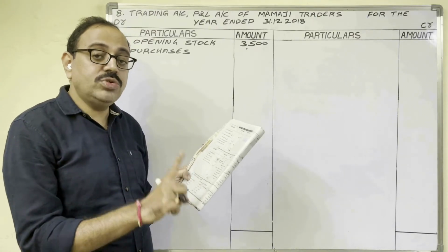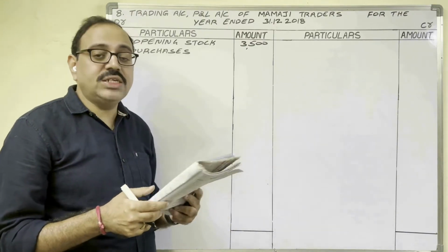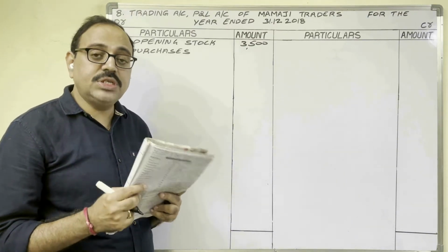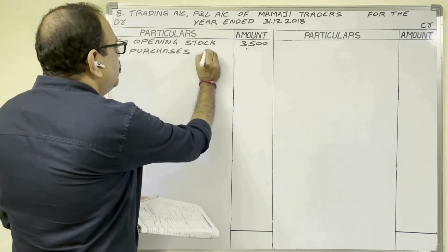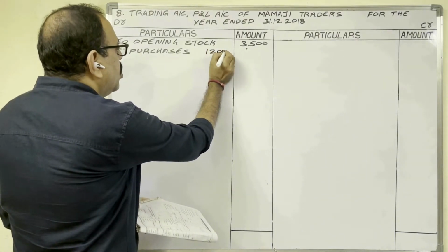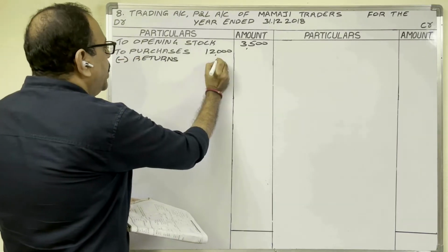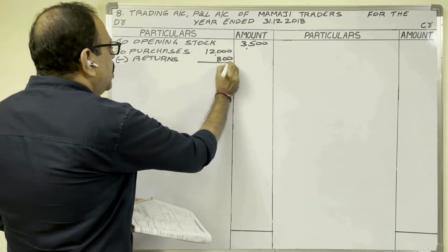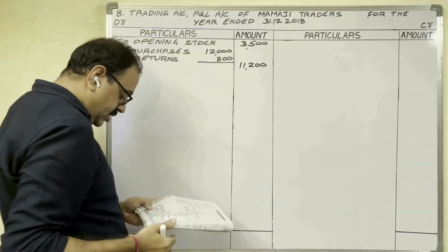Credit column he gives purchase returns. So in credit column he is giving returns 800. It is purchase return. As purchase returns are given in the question, purchases we have to write in inner column minus returns 800 rupees. Remaining amount in outer column 11,200 rupees.